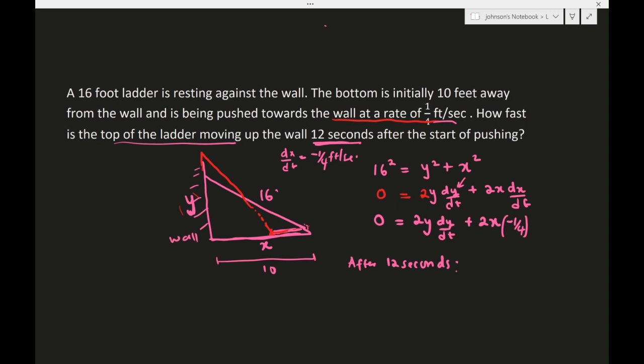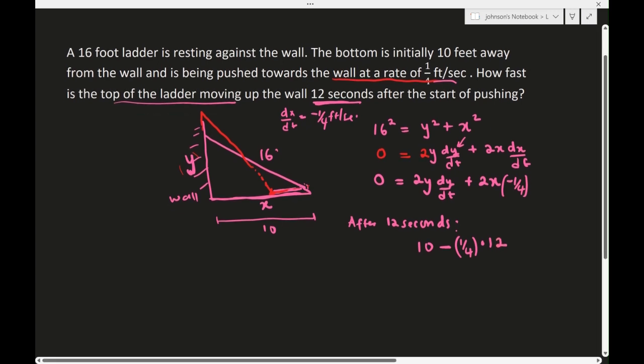How do you find the distance? Remember, the original distance is 10. You have to subtract 1/4, which is the rate, times the number of seconds you are pushing, which is 12.